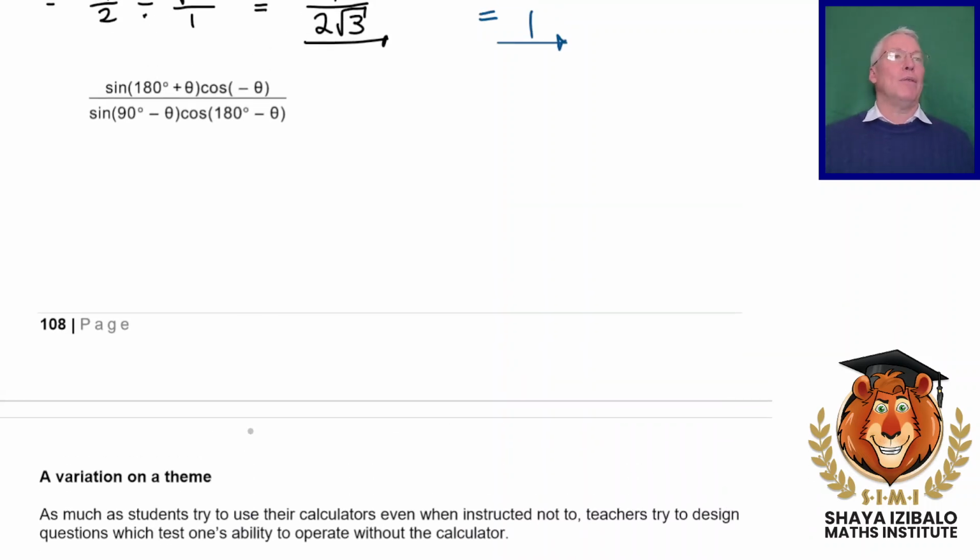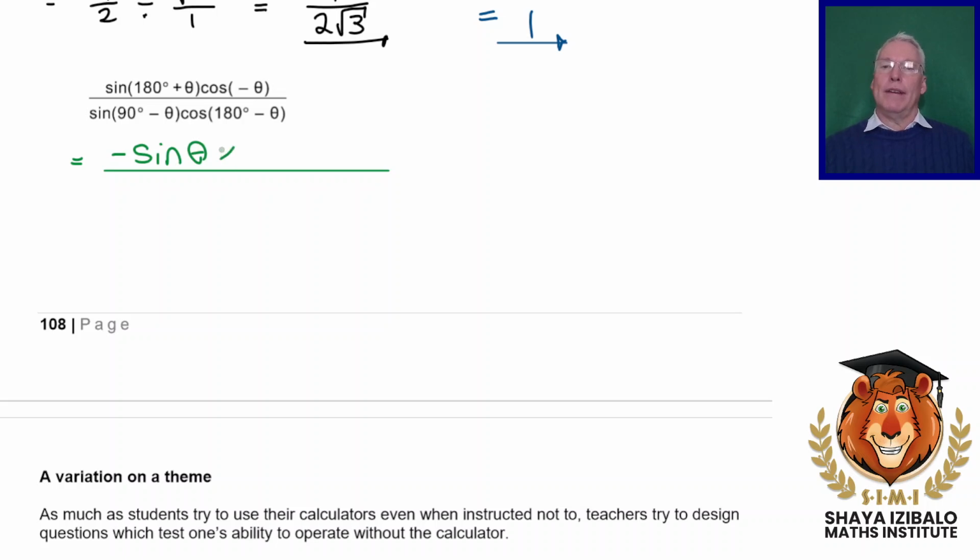Okay, the next one, and in fact the last one of these that we're going to do, is this one. Sine of 180 plus theta. Now here we cannot use a calculator, all right? But we know that when we go off the horizontal axis, 180 plus a bit, then we end up in quadrant 3, and we've come off a horizontal axis. Okay, so this is going to be negative sine theta.